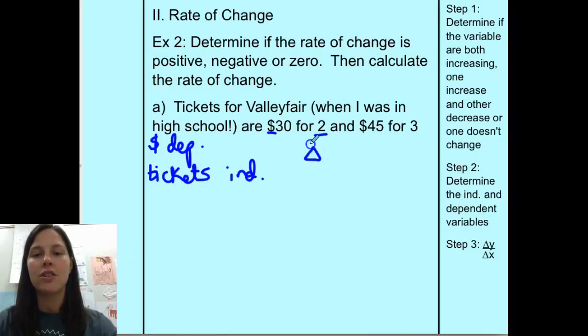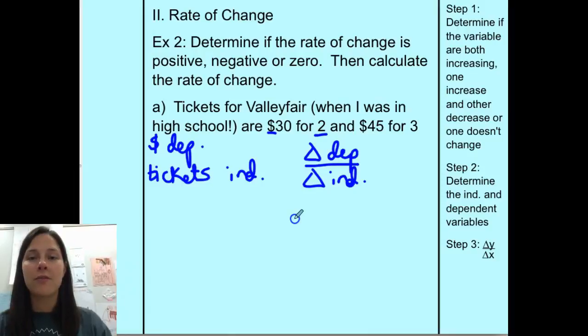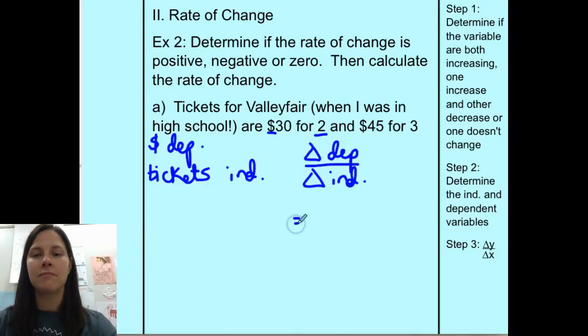So change in dependent variable over change in independent variable is how we calculate our rate of change. So as I was writing that fraction, that little triangle represents change. So the change in the dependent variable. In our case, the change was a positive $15. The amount of money went up by $15, and then the change in the tickets went up 1 from 2 to 3.